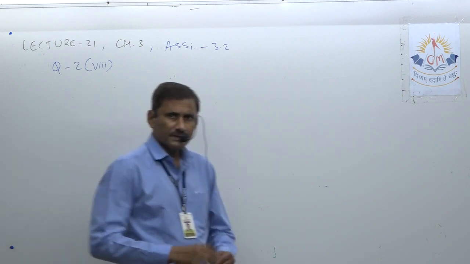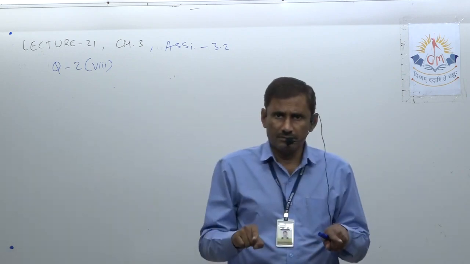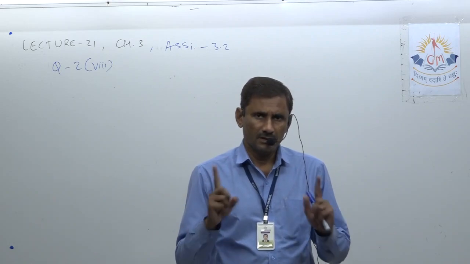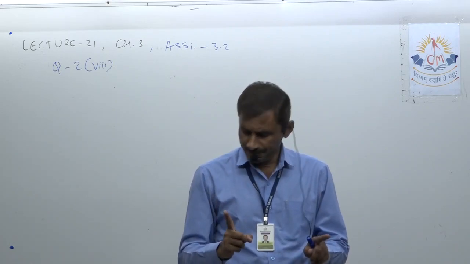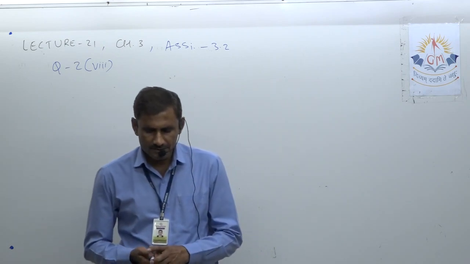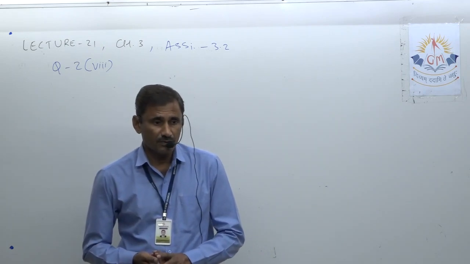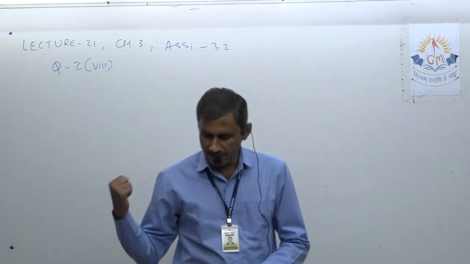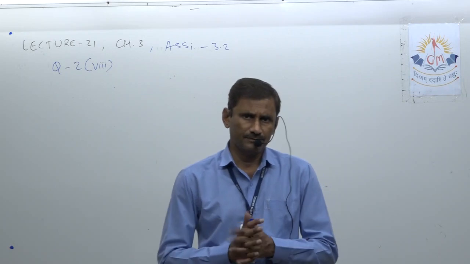I will solve the same sum by both methods. Here it is asked to find the square root by the factorization method only, but I will solve the same sum by the division method also.